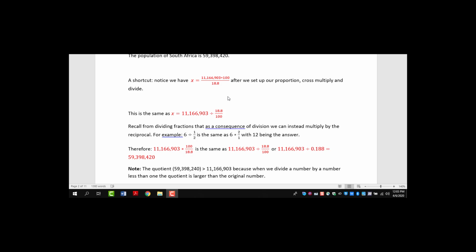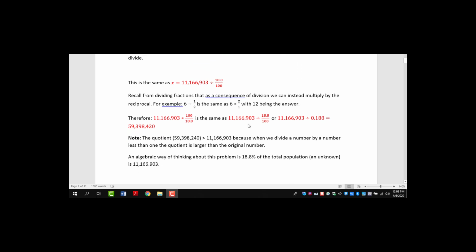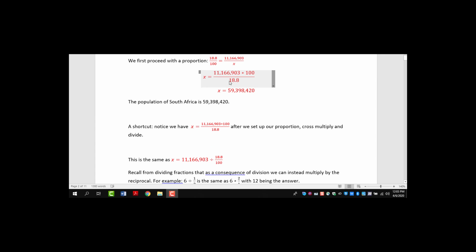You're actually taking the amount of people living with AIDS and dividing it by 18.8 over 100. That turns out to be the same thing as multiplying by 100 over 18.8, which is what we did here. Multiplied by 100 divided by 18.8.